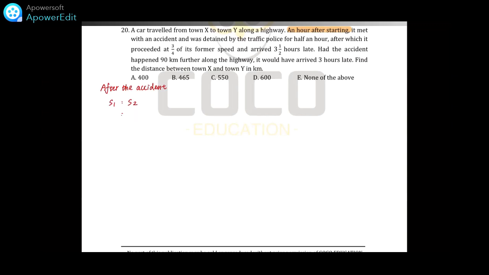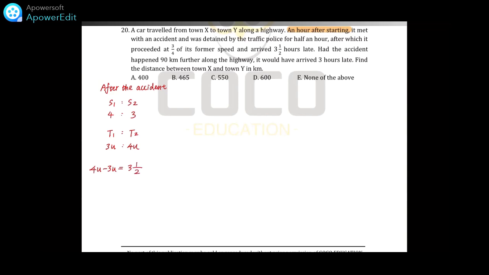Okay, let's do it the other way around. Let's say the starting speed is 4. Later on it is slower, so 4 to 3. So the time taken will be the opposite because the distance traveled is the same. So time is 3u to 4u. Now we look for the time difference.